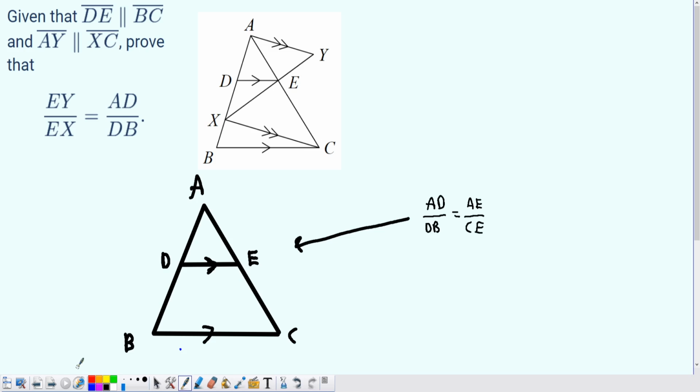So now we don't just have to make ratios like AD over AB. We can just focus on individual sides, like this ratio over this ratio, and this one over this one, instead of how we normally would on the entire lengths of AB and AC.